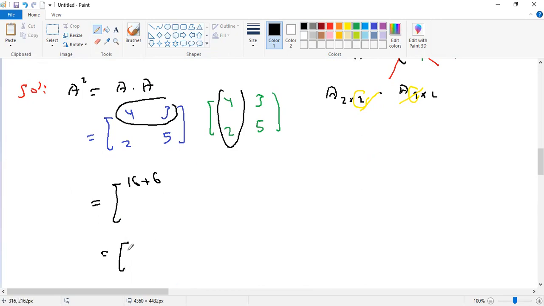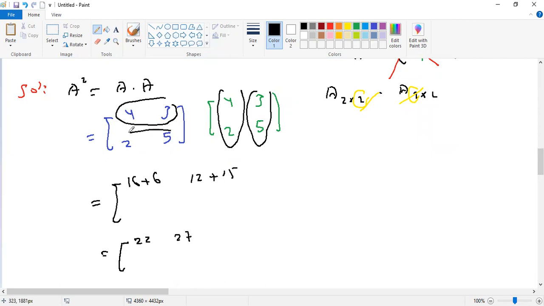So this one is 22. Now we multiply the first row by the second column. This one is 12 plus 15. So here 4 times 3 is 12, plus 15. It is 27.